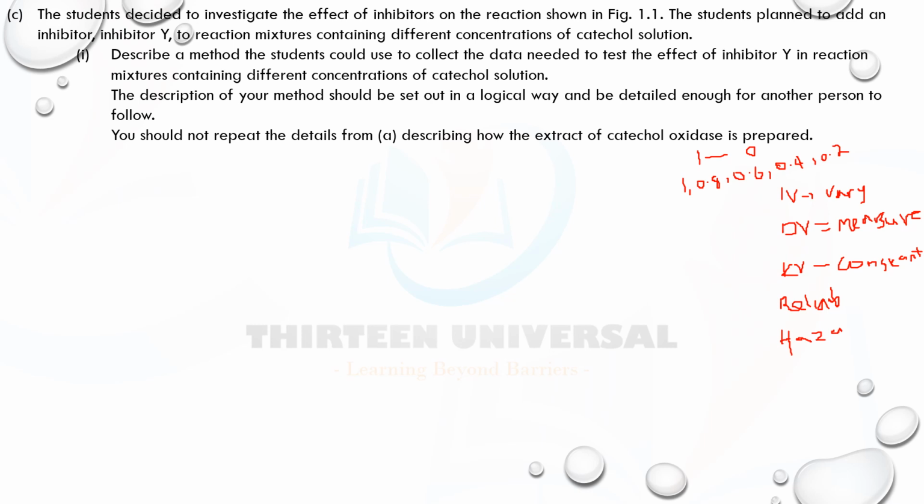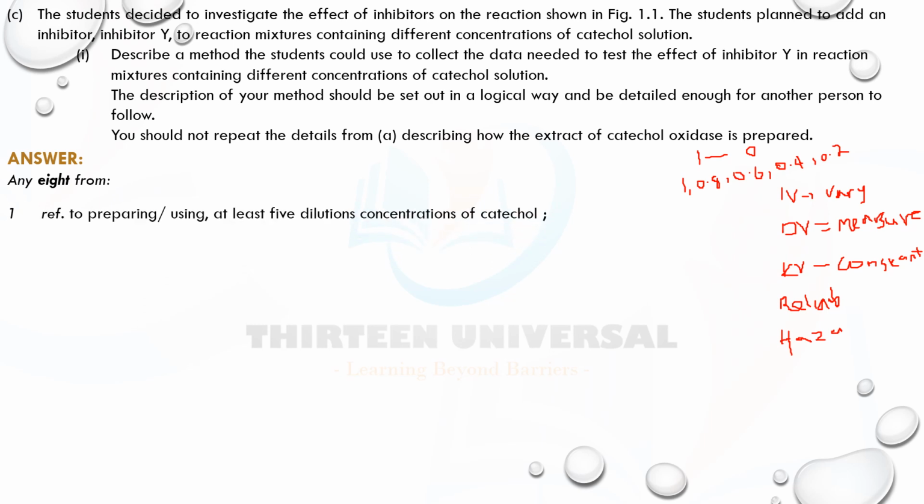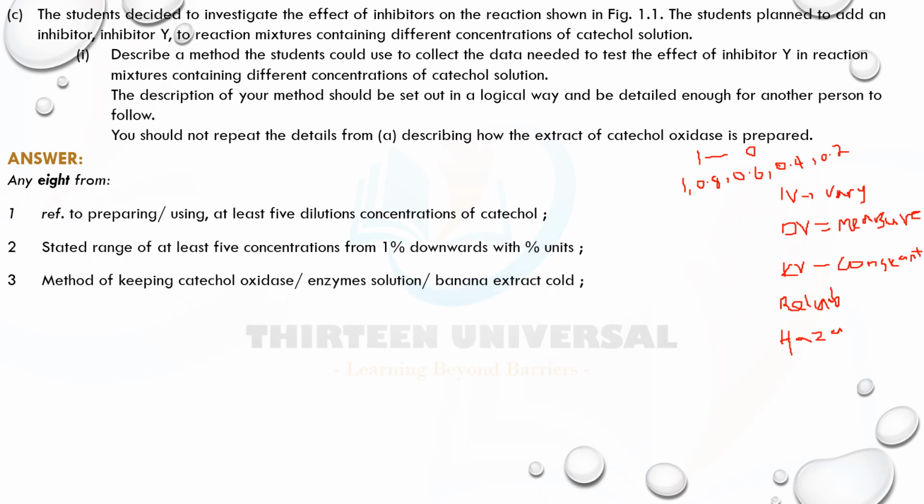Then that's for reliability. Your hazard: the enzyme could be an allergen or irritant, so you wear gloves. Okay, so look at it, guys. Using at least 5 concentrations of catechol, and then state the range, between 1 and 0, I stated it there. Okay, then enzyme solution, keep it cold until when it is needed.